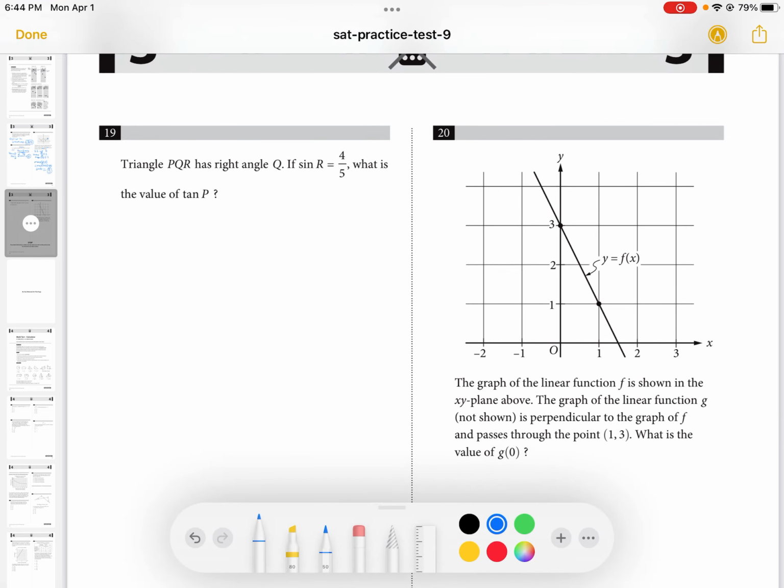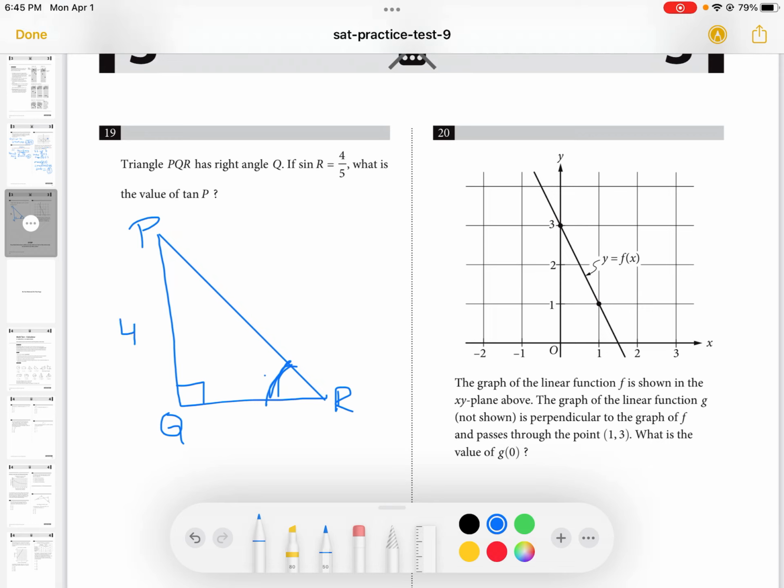Number 19. Ooh, some trig. Triangle PQR has right angle Q. So before I even read the rest of this question, I'm going to draw this triangle. So our right angle is at Q, and we have P here and R. If sine of R is 4 over 5, okay, so that's the angle at R. Sine is opposite over hypotenuse, 4 over 5.